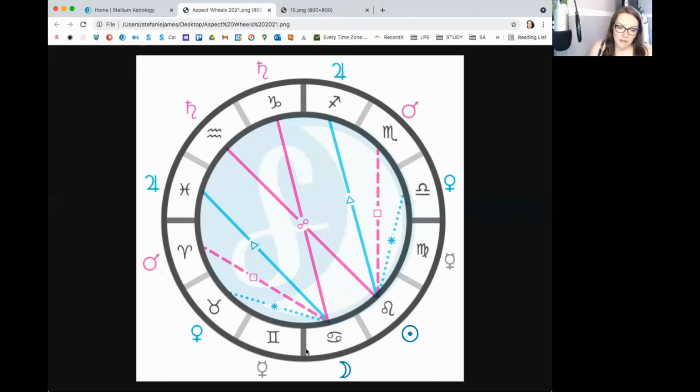However, if we go from Cancer, the lunar luminary sign, the aspect that's missing here, because it's not considered a major aspect, is the quincunx, and that would be Cancer to Aquarius. Equally, from the Sun, if you're in Leo, the sign that is 150 degrees away, which is the quincunx, would take you to Capricorn.